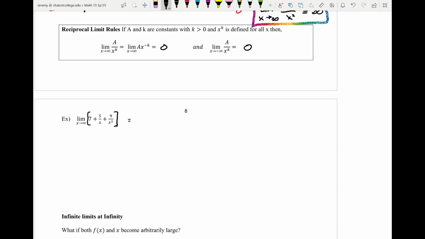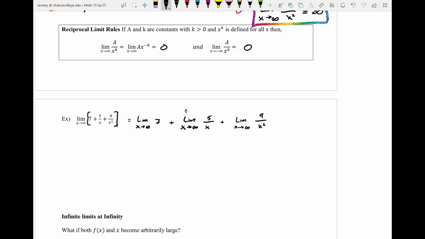The limit of a sum is equal to the sum of the limits. So I could break this into separate limits: the limit as x goes to infinity of 7, plus the limit as x goes to infinity of 5 over x, plus the limit as x approaches infinity of 9 over x squared.